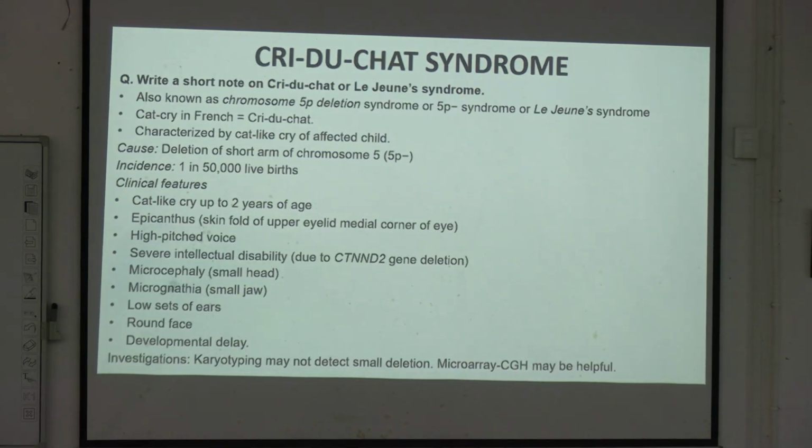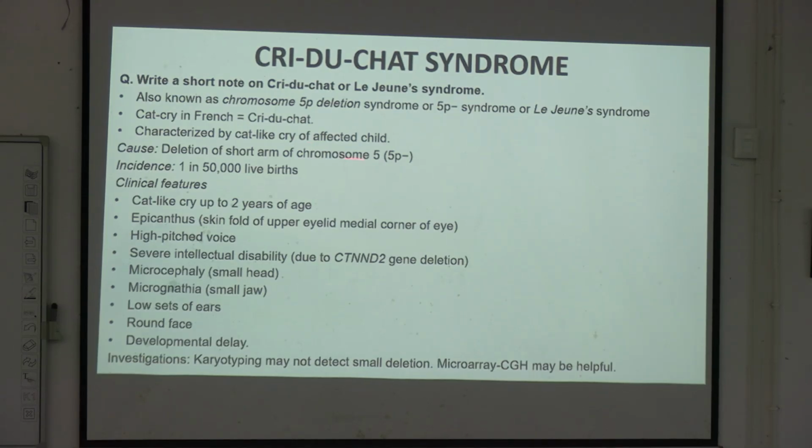We will discuss Cri-du-chat syndrome in detail. It comes in your individual short note also. It is also known as chromosome 5p deletion syndrome, 5p minus syndrome, or Lejeune syndrome. These are other names of this syndrome. Cri-du-chat comes from a French word meaning the child cries like a cat. It is characterized by the cat-like cry of the affected child.